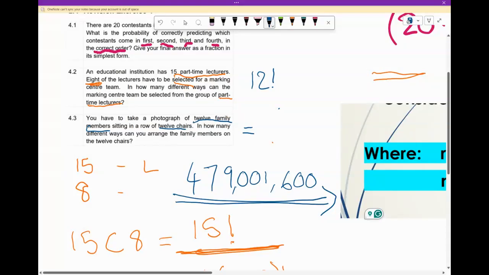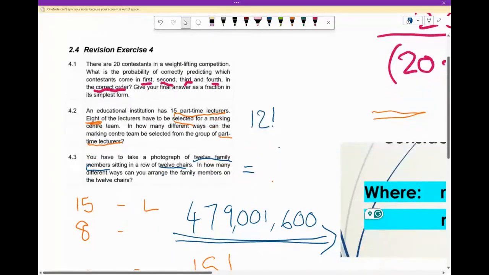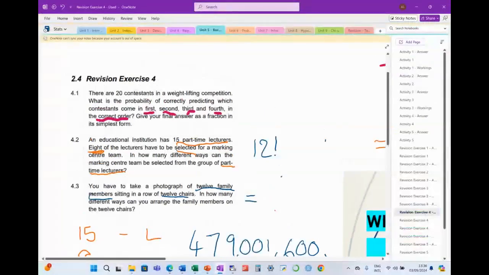Okay, so that's your revision exercise 4. So yeah, we just need to go and practice those, get comfortable with those. So what rule is this?